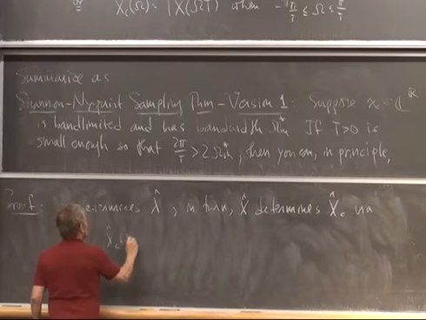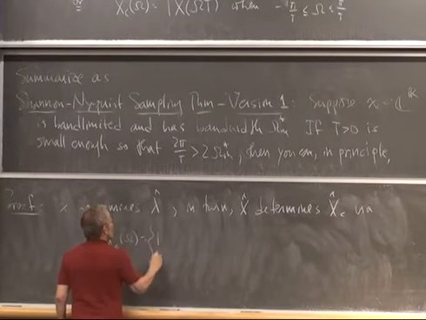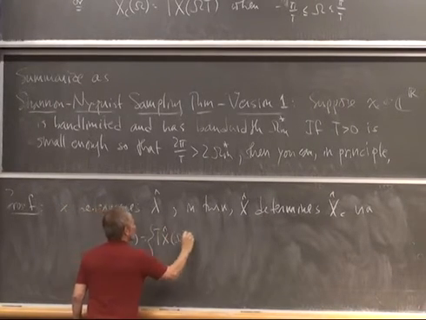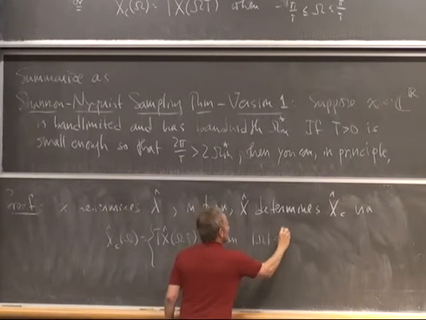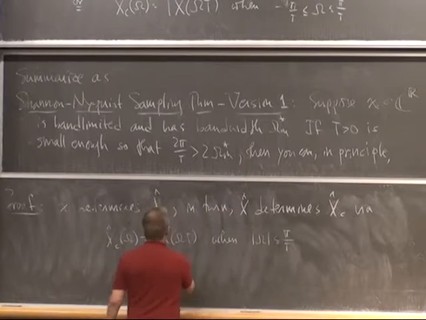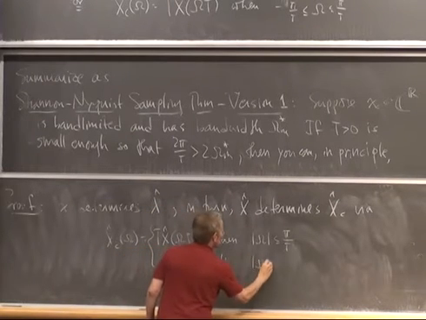Xc hat of omega equals T x hat of capital omega T when omega is in between minus pi over T and pi over T, and 0 when omega is outside of there.